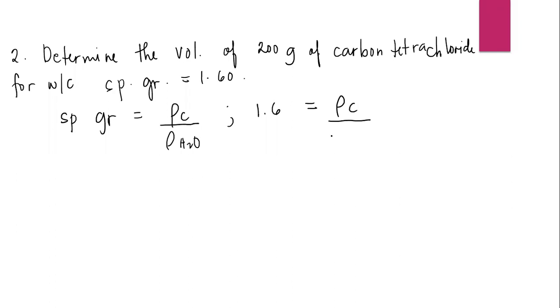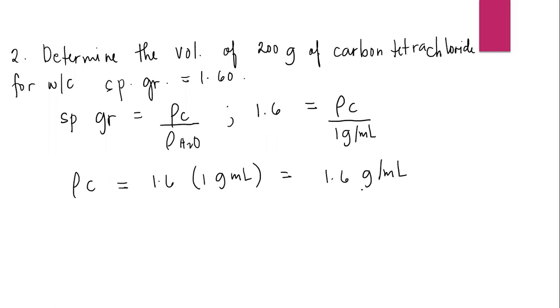We have the constant value for the density of the water. That is 1 gram per milliliter. Okay. Using this equation, we can say that the density of the carbon tetrachloride is equal to 1.6 times 1 gram per ml. Therefore, this one is also equal to 1.6 gram per ml.